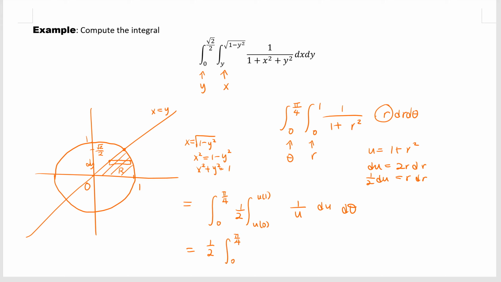Okay, and then here the integral of 1 over u is ln of the absolute value of u. Now we can change to the u values. u of 0, 1 plus 0 squared is 1. u of 1, 1 plus 1 squared is 2. So far so good, everybody. So this is 1/2 integral from 0 to pi over 4 of ln of 2 minus ln of 1 d theta.